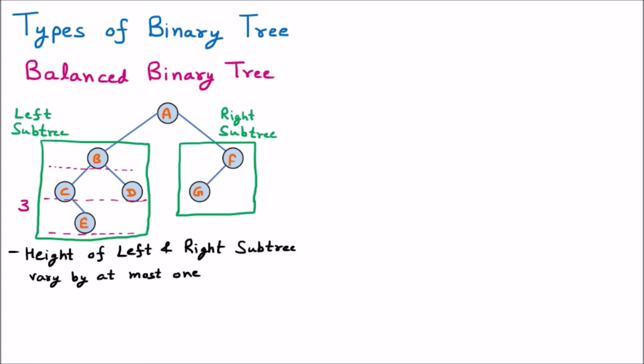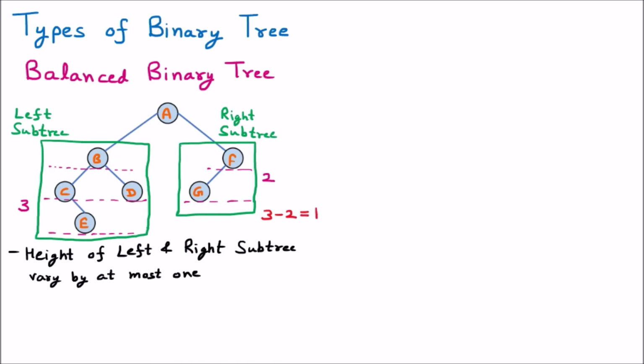Now on the right hand side we have 1 and 2, so the height or depth of the right subtree is 2. Now we find the difference, left minus right: 3 minus 2 is equal to 1. Now we should understand one thing.